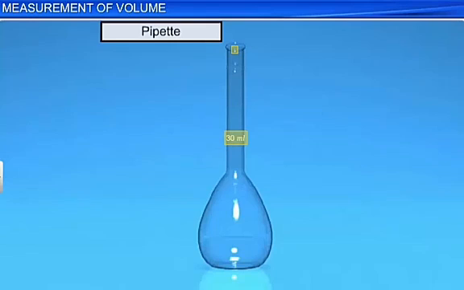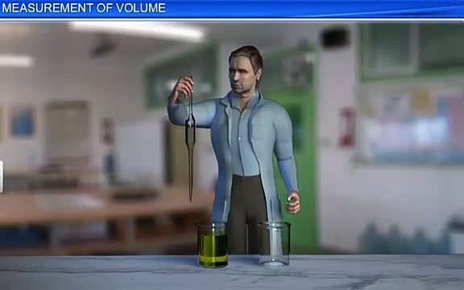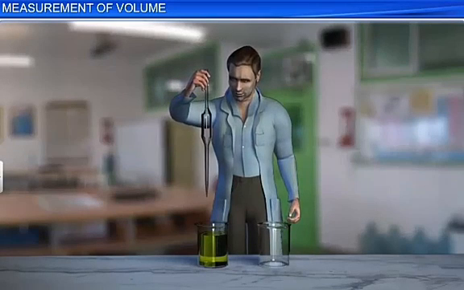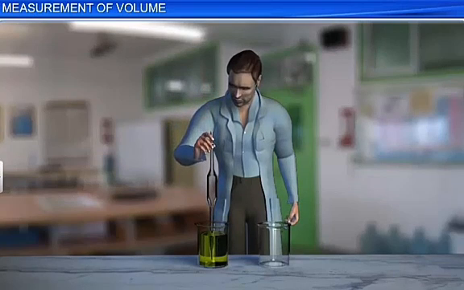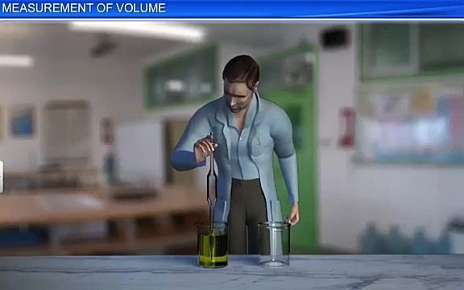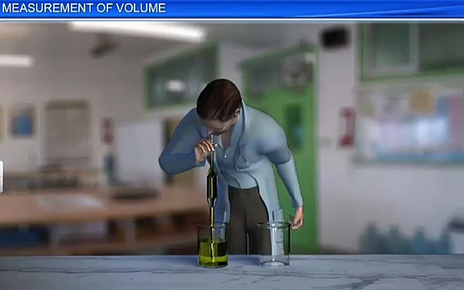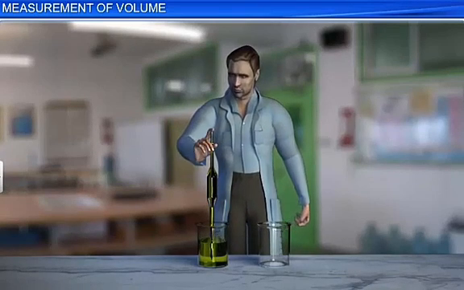To measure a definite volume of a given liquid, immerse the narrow end of the pipette into the given liquid. Hold the stem of the glass tube and suck the liquid till its level rises a little above the mark on the glass stem. Be careful not to suck the liquid into your mouth. Now cover the mouth of the pipette with your finger.